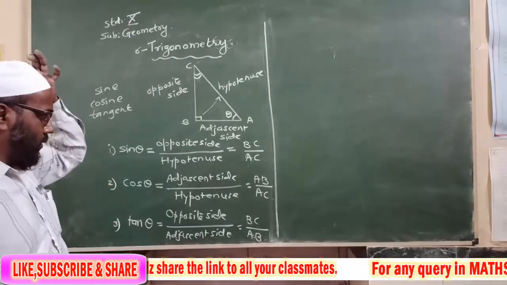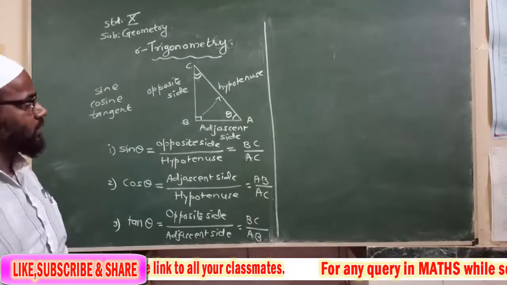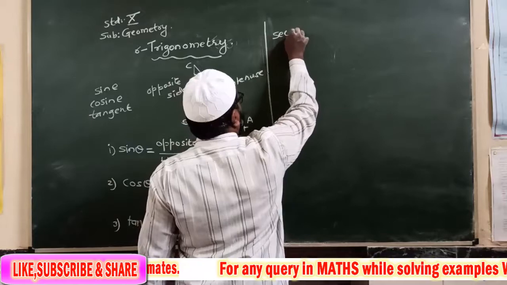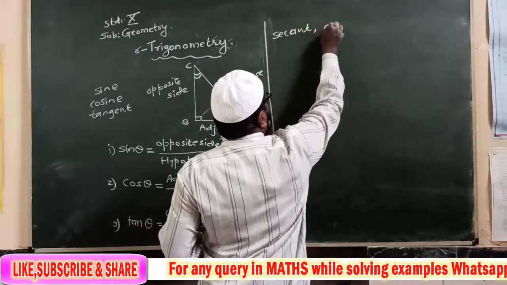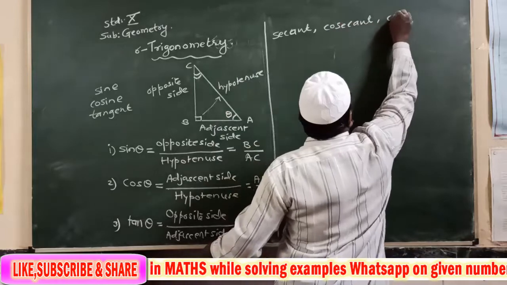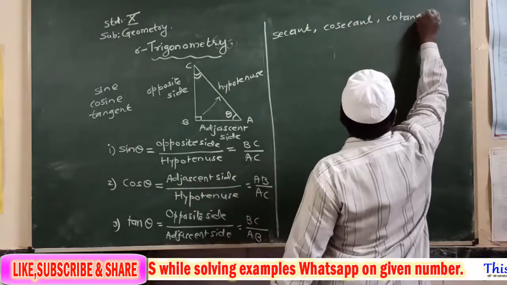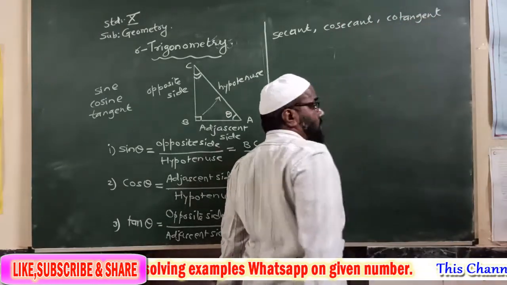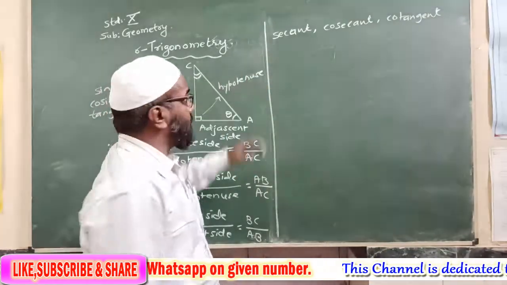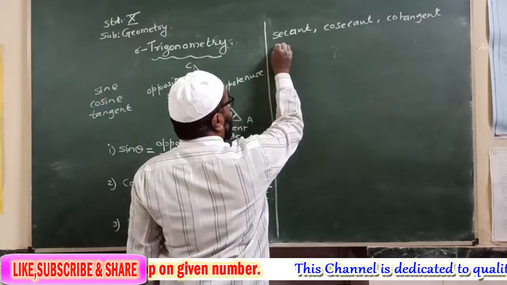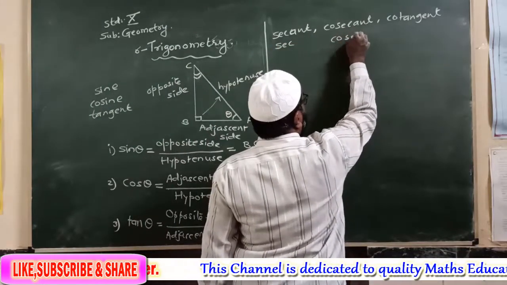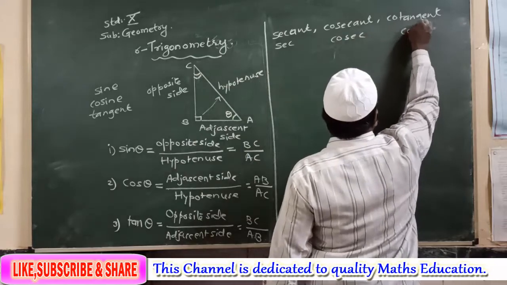Now in 10th standard we have to define three further ratios. The first one is secant, then cosecant and cotangent. These are the three ratios we have to define in 10th standard. In short, we write secant as sec, cosecant as cosec, and cotangent as cot.